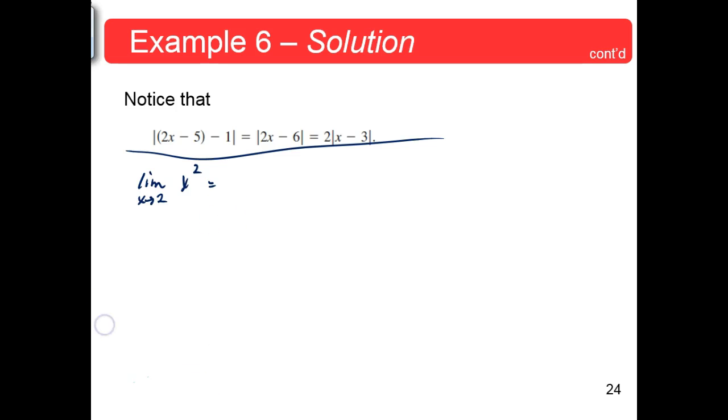What is the limit of that? 4. Okay. 2 squared is 4. Now again, let epsilon be greater than 0.